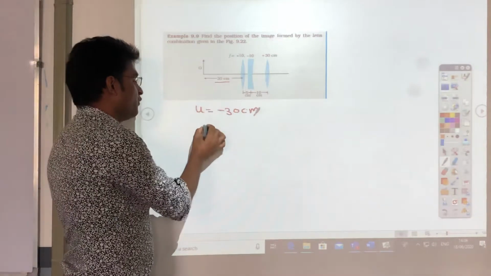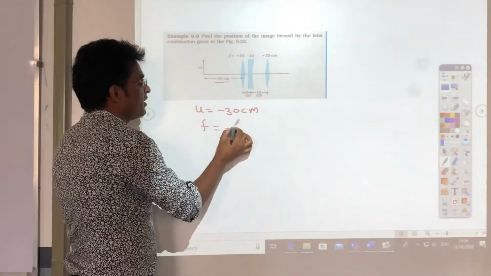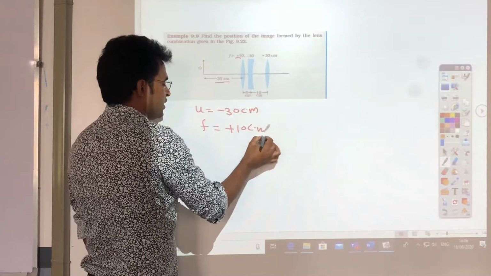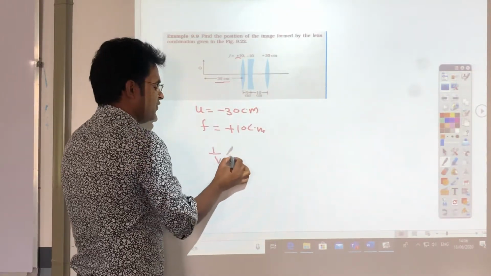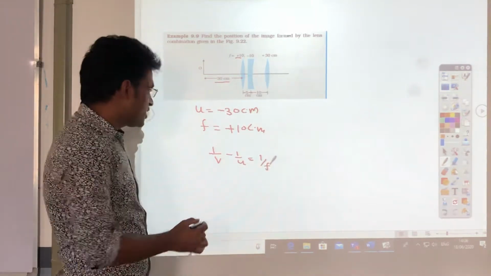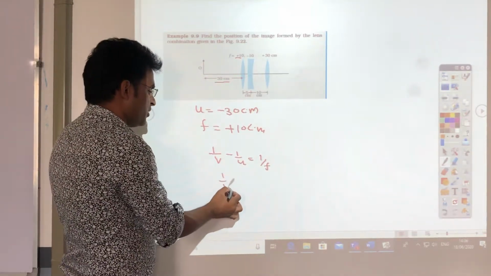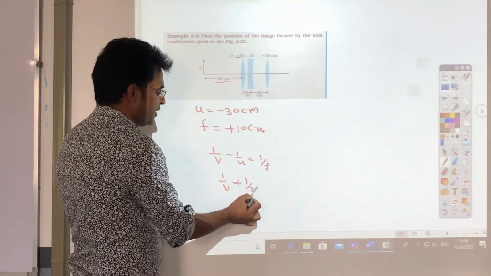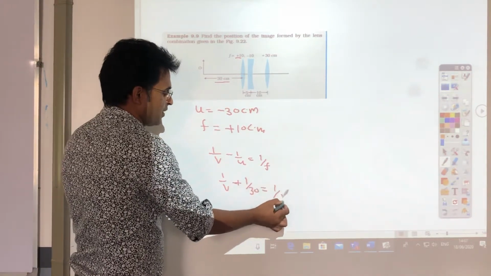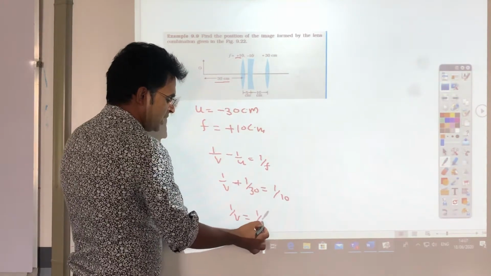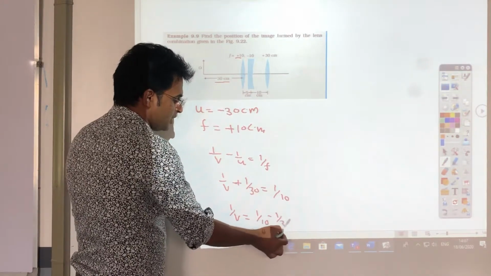Now the focal length of this one is given: plus 10 centimeters. If I use the formula 1 by v minus 1 by u is equal to 1 by f, I get 1 by v minus minus 1 by 30, that becomes plus, equal to 1 by 10. So 1 by v is equal to 1 by 10 minus 1 by 30.